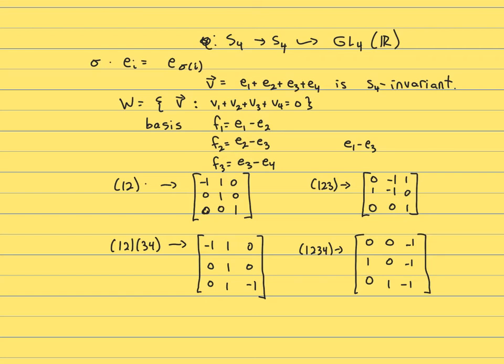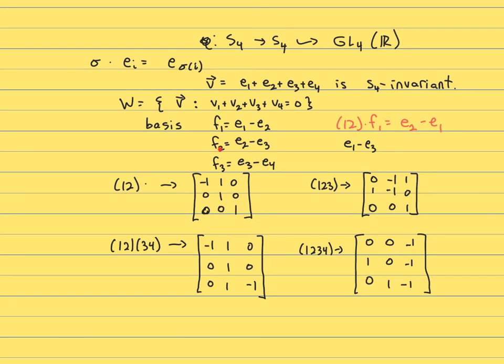matrices are. So (1 2) on F1 sends F1 to E2 minus E1, so that's just its negative. So with respect to the basis, that's the column vector for this matrix.